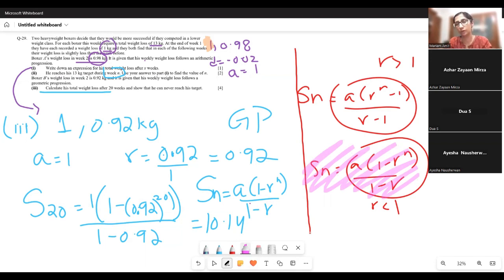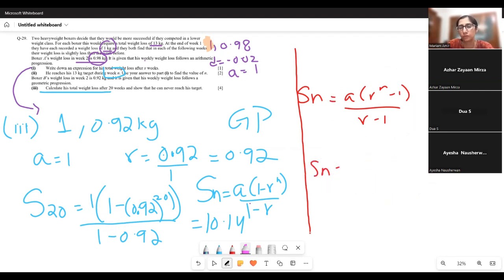In fact, both formulas work for both cases. If the numerator is negative, the denominator also becomes negative and cancels it out. So you stick to any one of these formulas. Let's stick to the lower one, the second one, because it's given in the formula sheet. So you don't need the first formula at all.